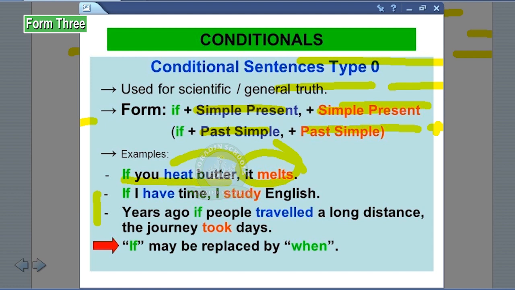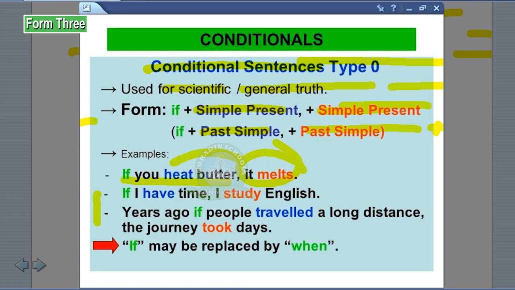So these two simple present tenses together make conditional type 0. And they always talk about what? Scientific general truth. Normally, if you heat butter, it melts.